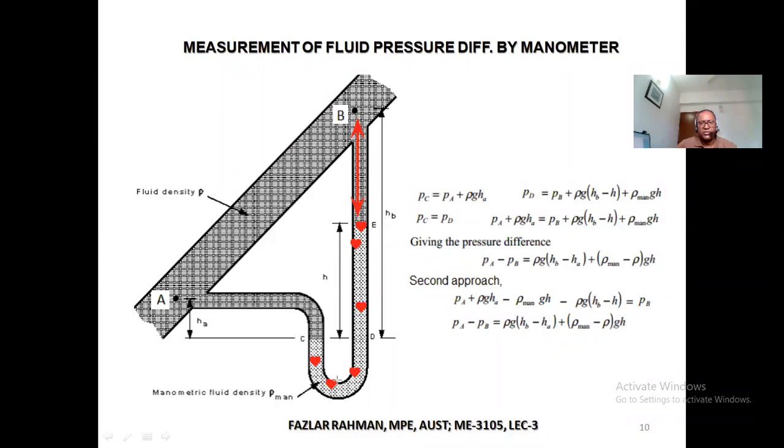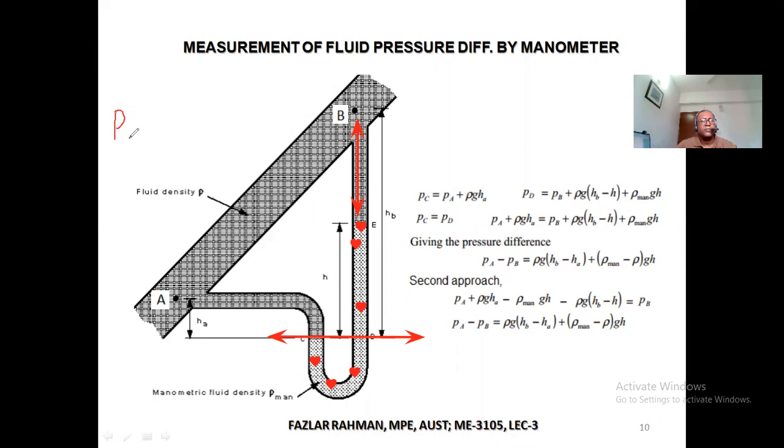So if I choose C and D as my common points, then you figure out the pressure at point C and the pressure at point D. Then we say PC equal to PD. Then you can figure out the difference of pressure. So let's start with PC, how we can figure out the pressure PC.